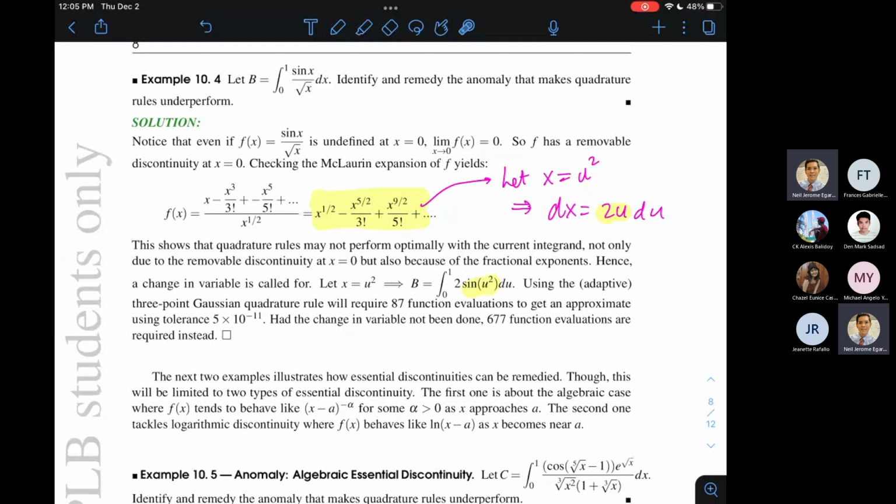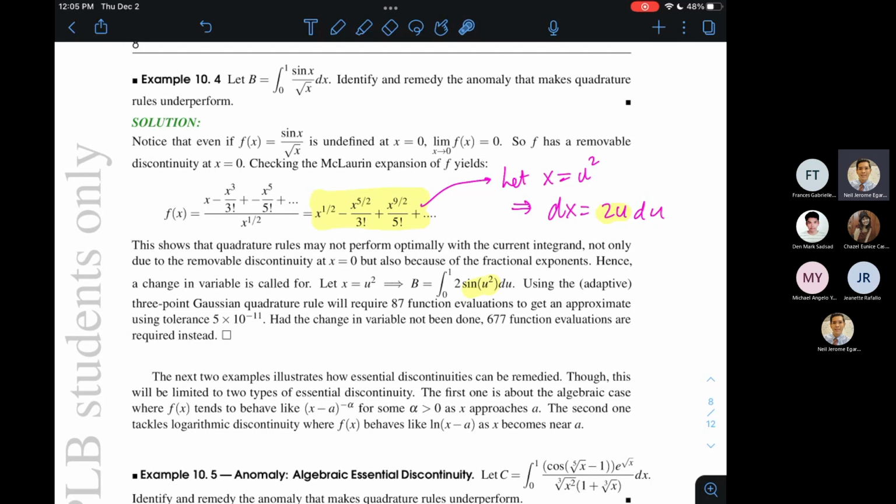So ibig sabihin, wala tayong magiging problema when we apply the numerical integration formulas to this integral instead of the original one. Kasi dito sa original, magkakaroon tayo ng underperformance. Ito, guaranteed na mawawala yung underperformance. So nakita nyo, kahit na kaya kong i-remove yung discontinuity, kailangan ko pang i-check.